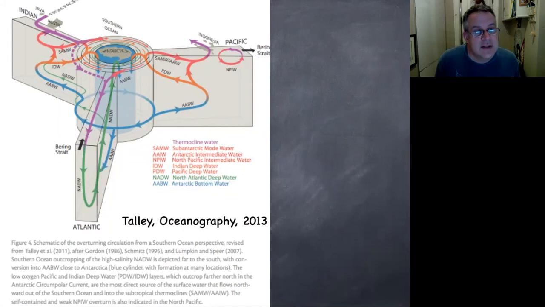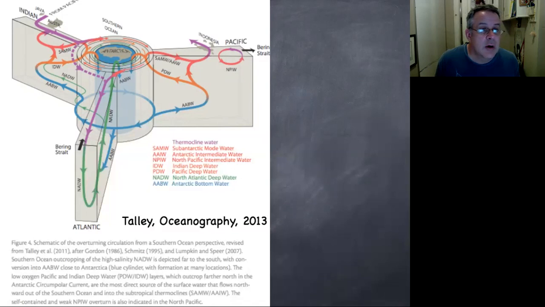But most of the action here is in the ACC, where all these different currents are getting linked together, and in the convection around Antarctica, which is forming this deep Antarctic bottom water, which goes out and fills all the different basins. The deep waters in between, in the Indian and Pacific, are basically mixtures of Antarctic bottom water and the water from above.